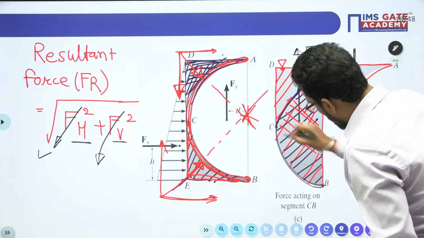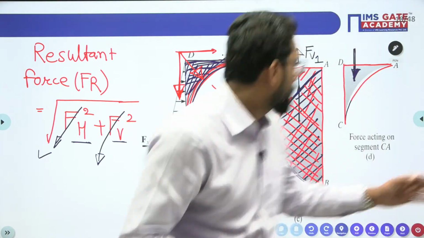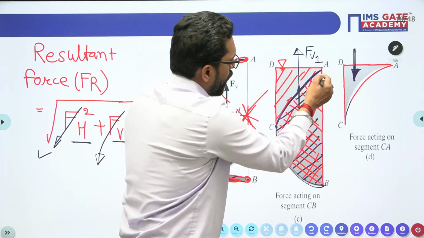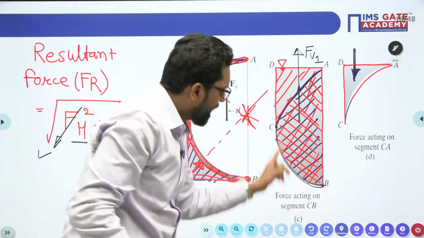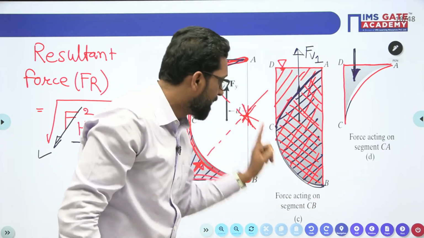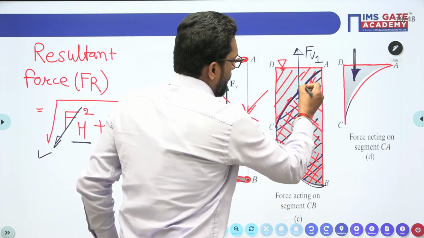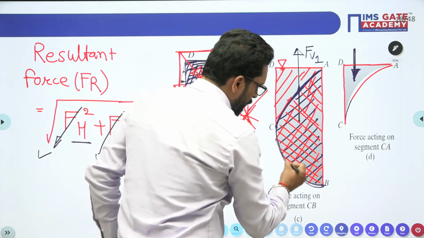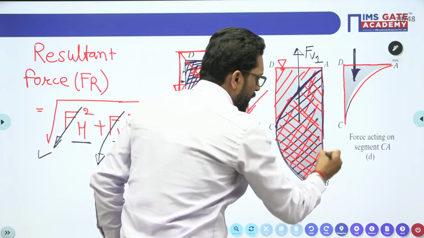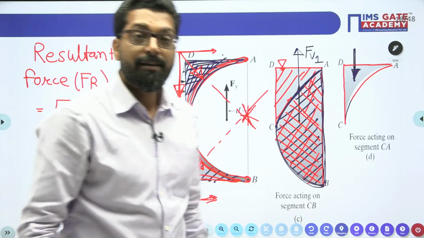So what is the vertical force? It is the weight content inside the curved surface up to the free surface. If you consider this portion, the picture that will come to your mind is: what is the fluid content within the curved surface A, C, B, A? That means A to C, C to B, B to A. That means the volume of the semicircle.